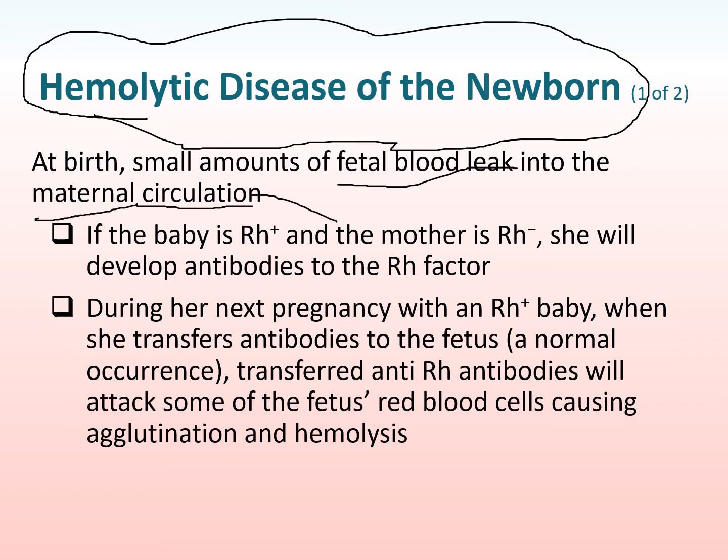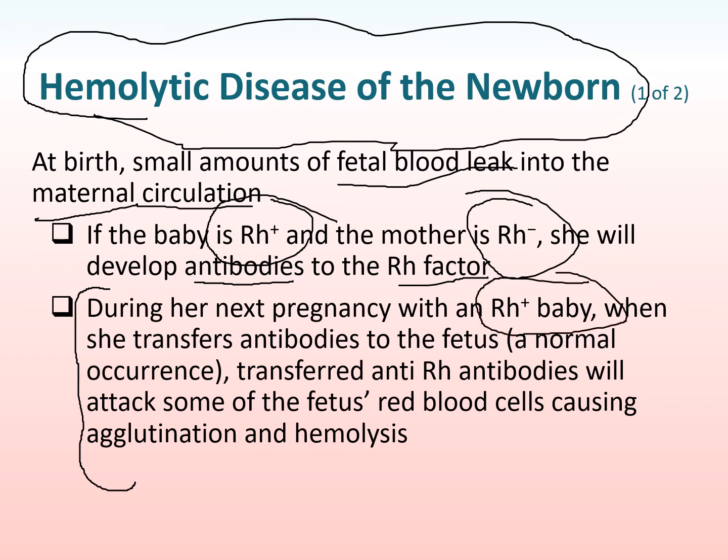If the baby is Rh positive, thanks to dad, and the mother is Rh negative, she, the mother, will develop antibodies to that Rh factor. During that pregnancy, and especially during the next pregnancy, with an Rh positive baby, she transfers antibodies to the fetus. And those transferred antibodies will attack the fetus's red blood cells, causing agglutination and hemolysis.